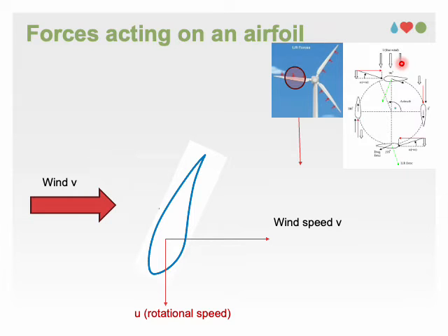Now we select a cross-sectional area at a given rotational position of one of the blades, as shown here as an example. The corresponding airfoil exposed with wind is shown here. It looks like this.